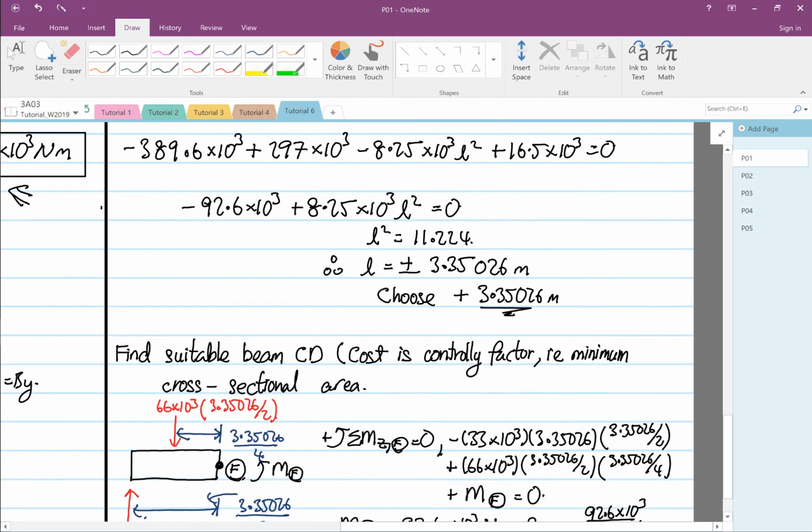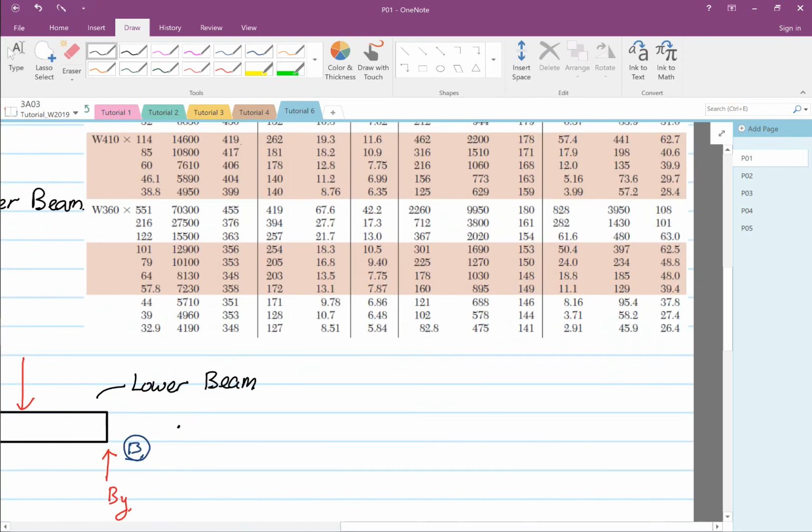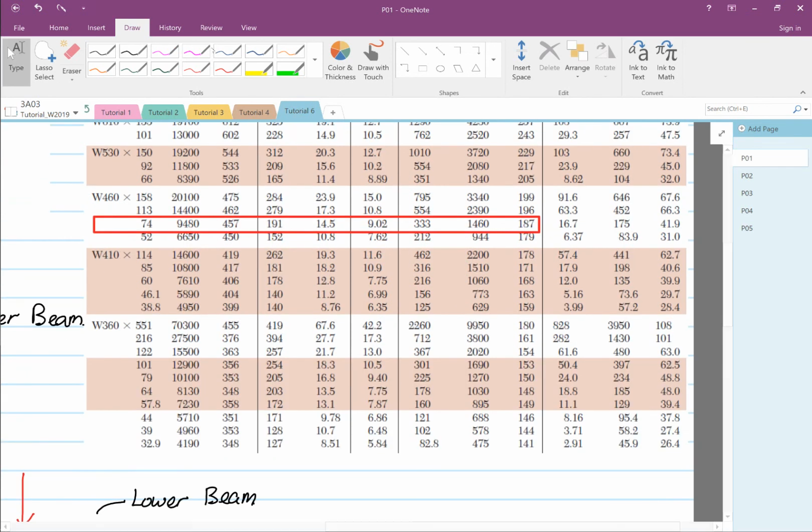So if you go to the table, you look at 661. You're going to select one that's not too big. Too big will be too expensive. We're going to select this one.